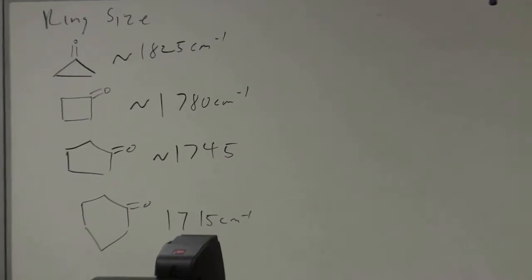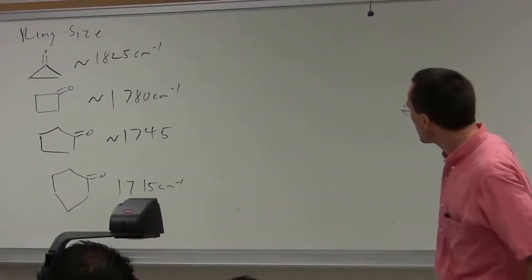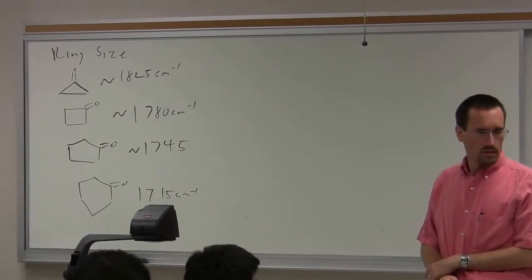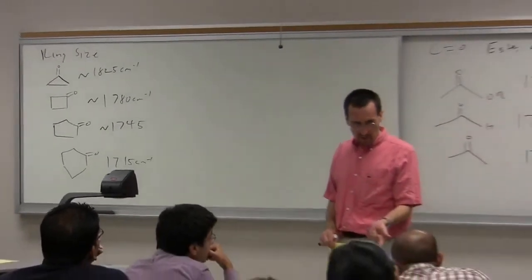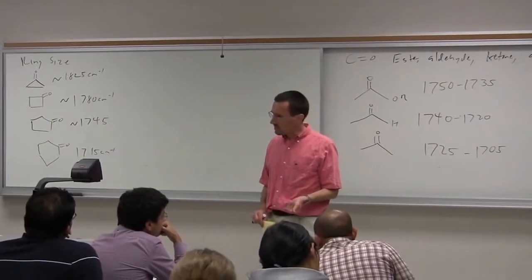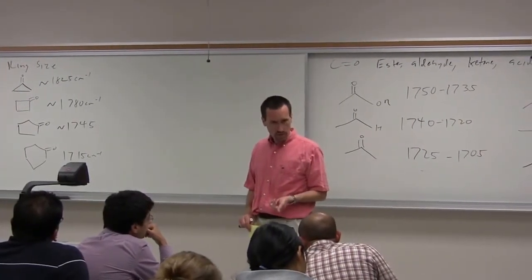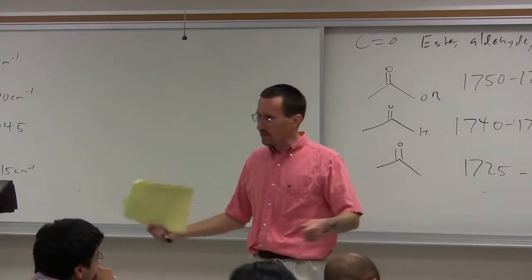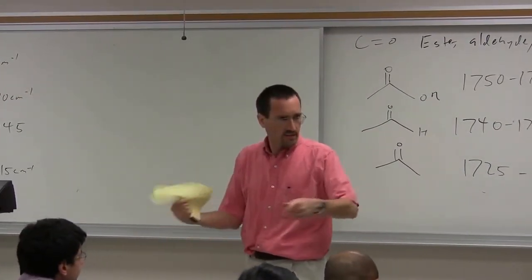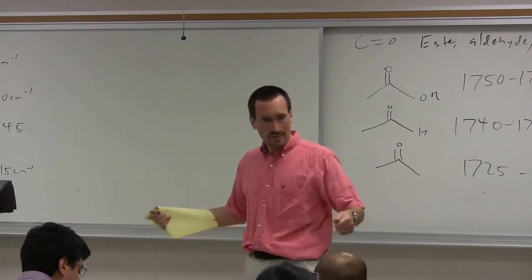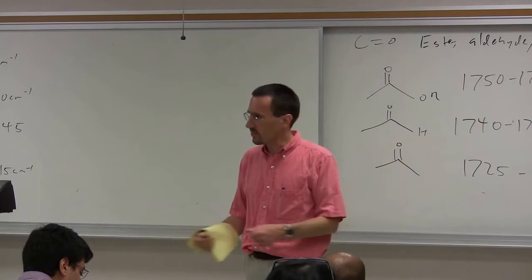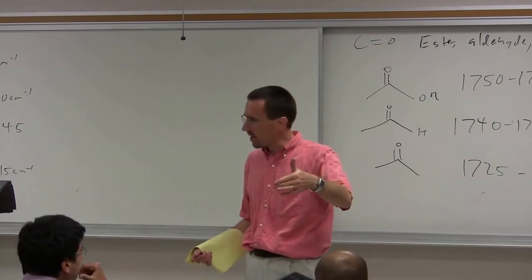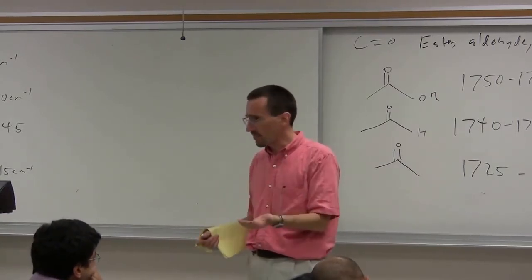So what's going on? What does it mean that the frequency is higher for a small ring? It stretches faster, which means the bond is stronger or weaker? Stronger, right? A very stiff spring vibrates quickly. A very slack spring, a very weak spring, vibrates slower. We already saw that trend. The CO single bond has a stretch at about 1100.